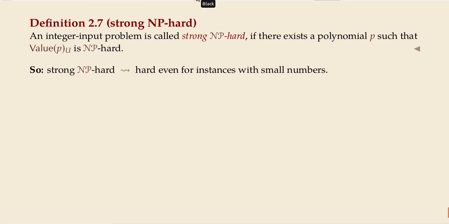Namely, we can refine the notion of NP-hardness and make it strong NP-hard, if we find a polynomial p, any such, so that the restricted problem is also NP-hard. So even if you have only small numbers, the problem is still NP-hard.